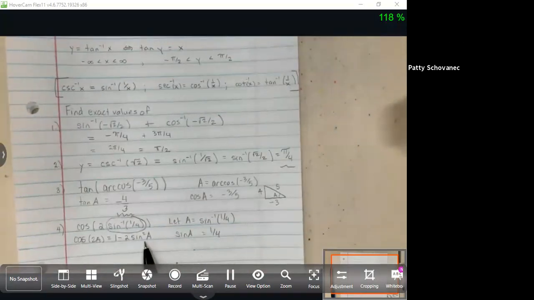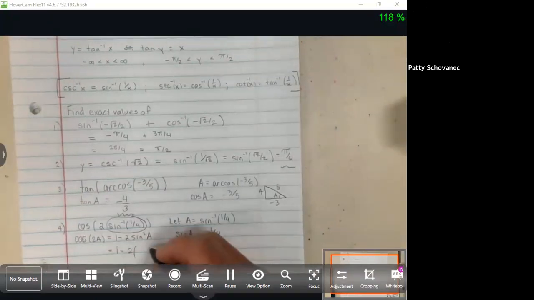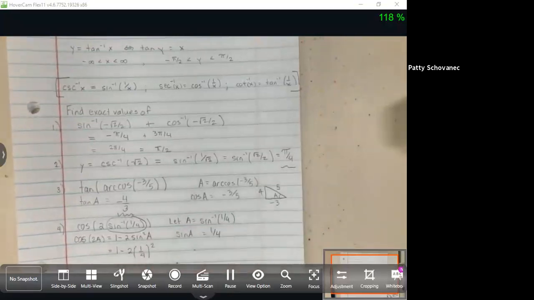So I'm going to put it here, square it, multiply by 2, subtract that from 1, and I'll have the cosine of 2A. So I have 1 minus 2 times (1/4) squared. 1/4 squared is 1/16. Times 2 is 2/16 or 1/8. 1 minus 1/8 is 7/8.